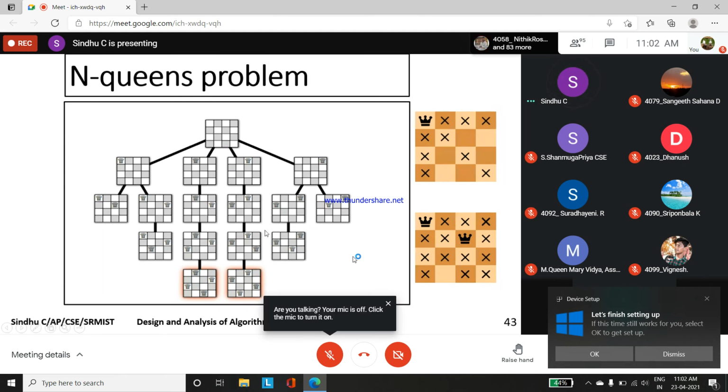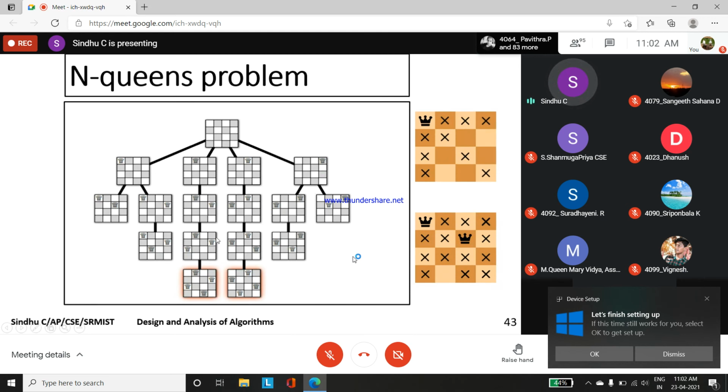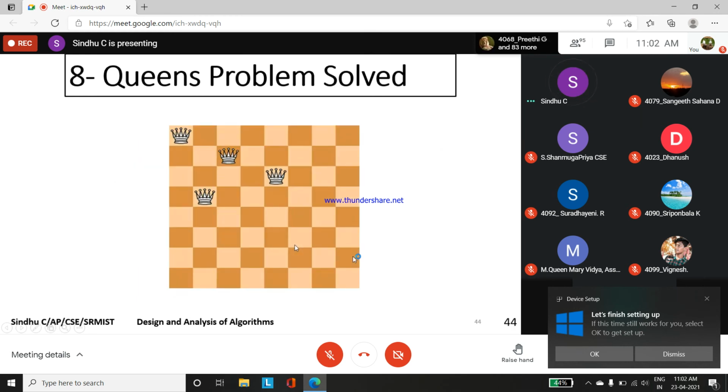So the strategy is backtracking. Once you cannot go any further, you go back and try out what are the feasible solutions. Again, you don't find a feasible solution, you go back, and so on. So try out all the feasible solutions and find the desired solution. Right? So here is an 8 queens problem.